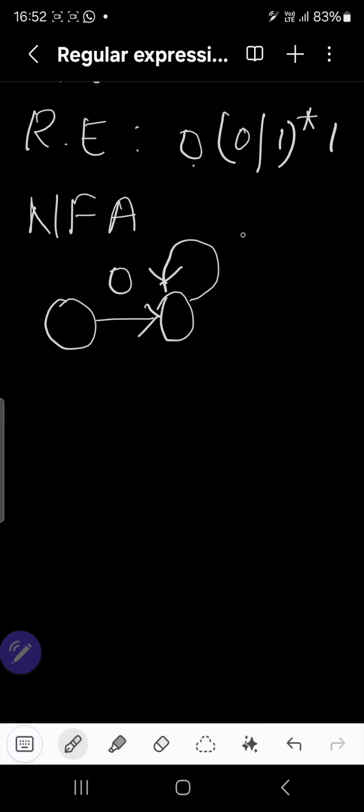So what is the input? The input is either 0 or 1. Then after this we have a transition to the next state wherein the input is 1.